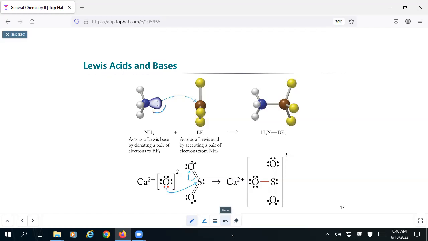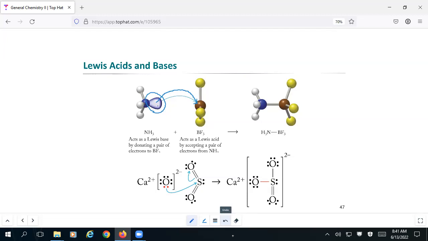I've got this lone pair of electrons on that nitrogen atom, and they're going to go out and attack this boron in boron trifluoride. Now, why is it going to do that? Well, think about your octet rule here in the case of the boron. Boron only has 6 electrons around it from those 3 bonds to fluorine.